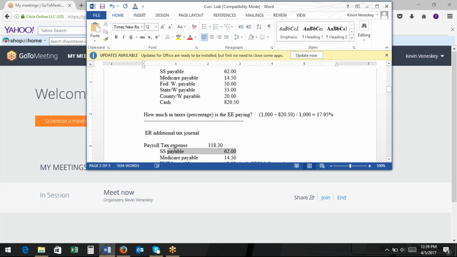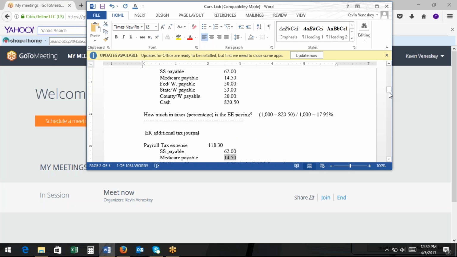So right now, the Social Security T account, if we were updating our T accounts, would have $124. The Medicare would have $29 in its T account balance.